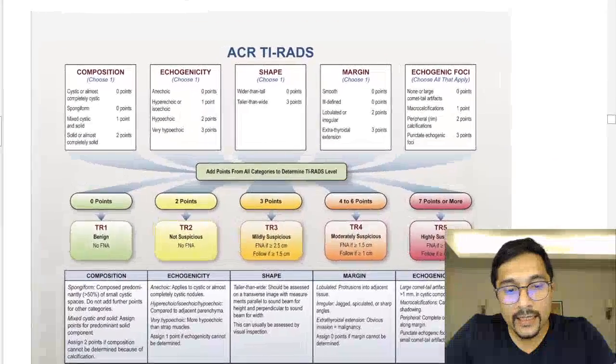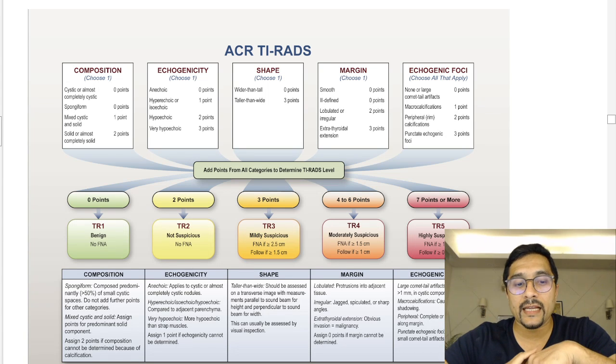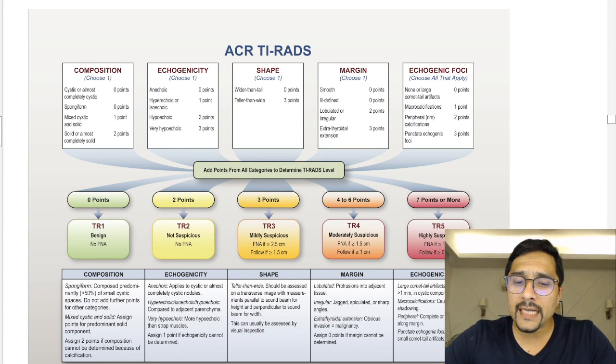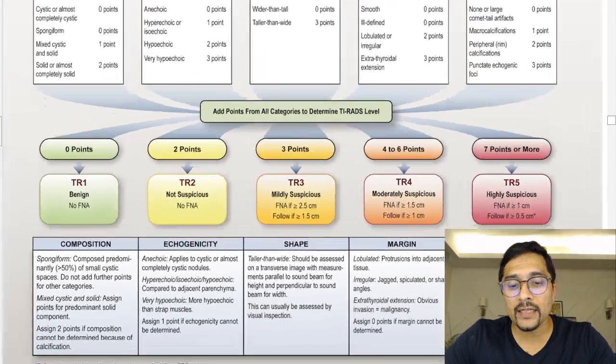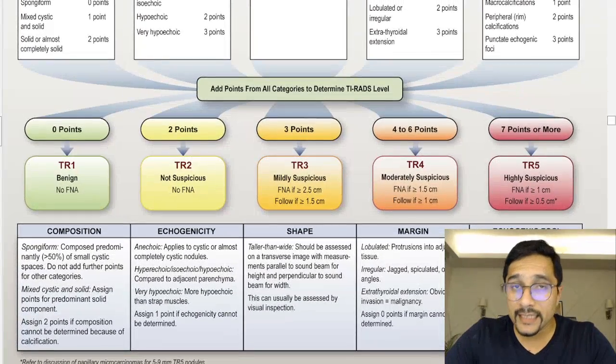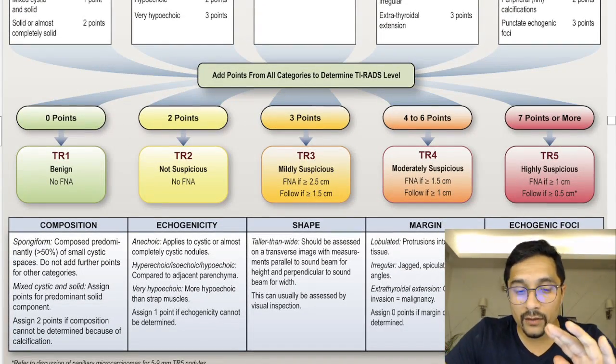Another thing which is there is TIRADS. Like we have BIRADS, similarly we have TIRADS, Thyroid Imaging Reporting and Data System. This has been asked many times in the super specialty exam, not in INICET till now, and I doubt that this is going to be asked, but you should know it ranges from TR1 to TR5.